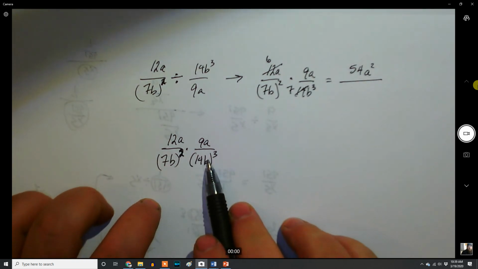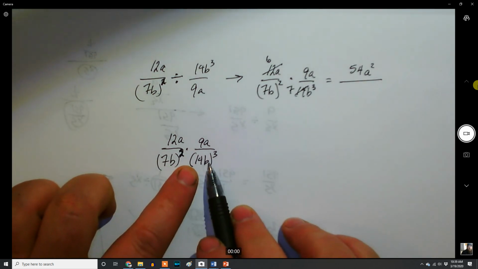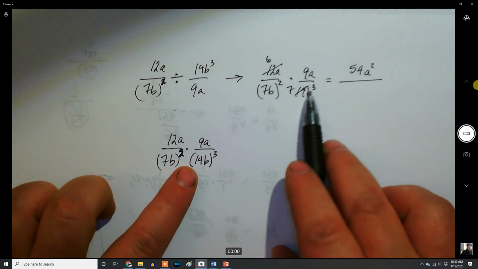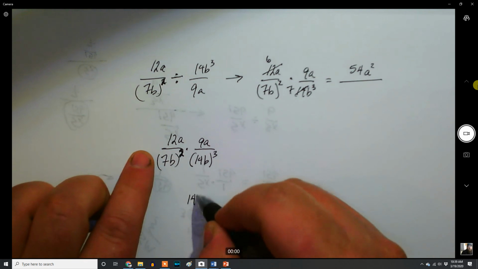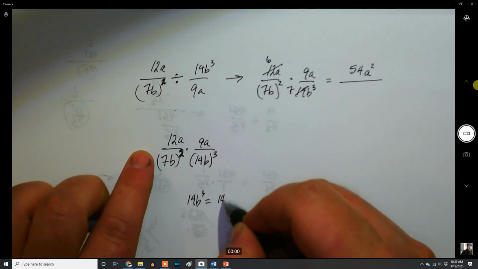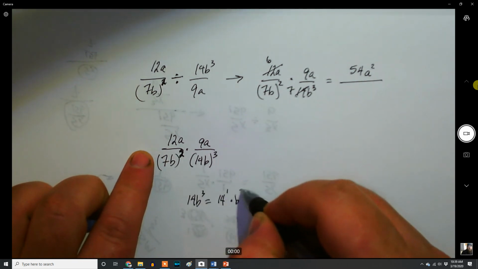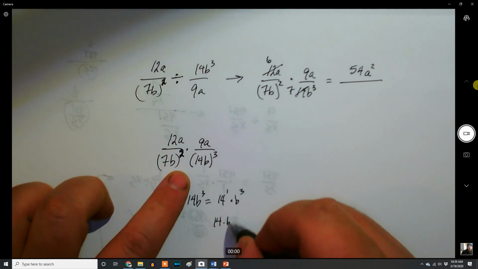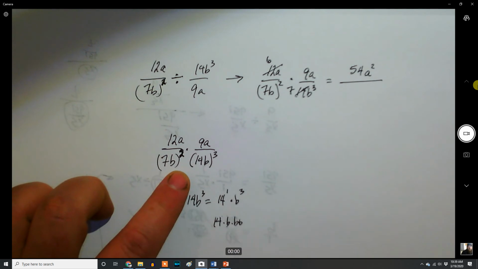So look, this right here, 14b cubed, is different than this 14b cubed, because this 14b cubed means 14 to the power of 1 times b to the power of 3. So it really means 14 times b times b times b.